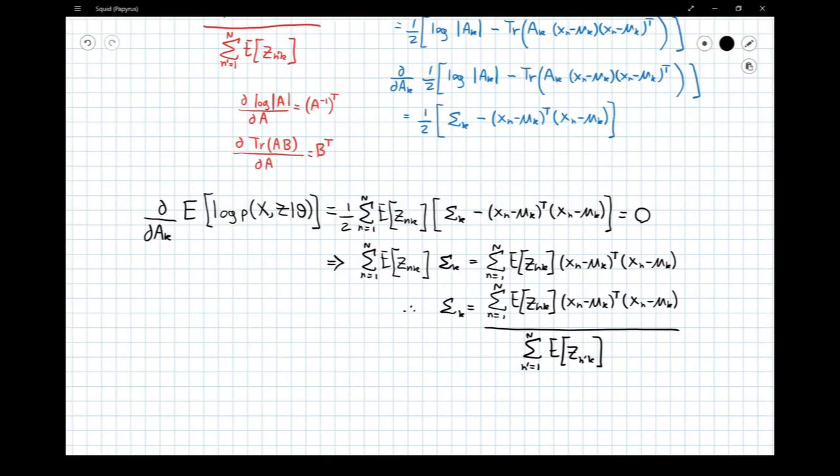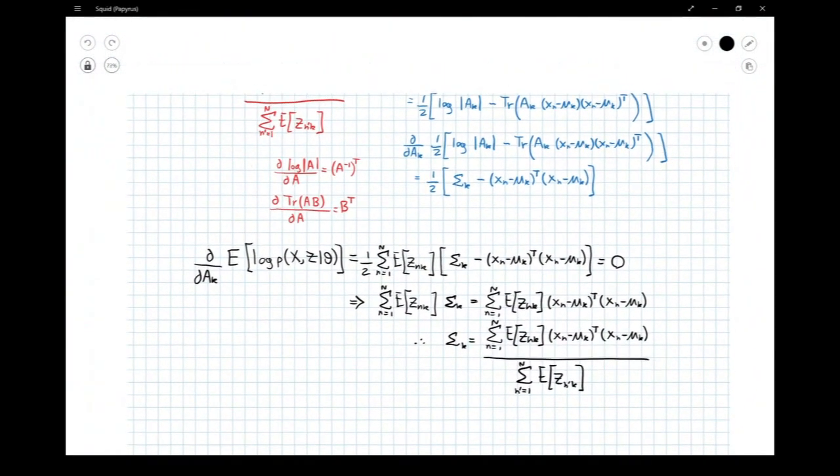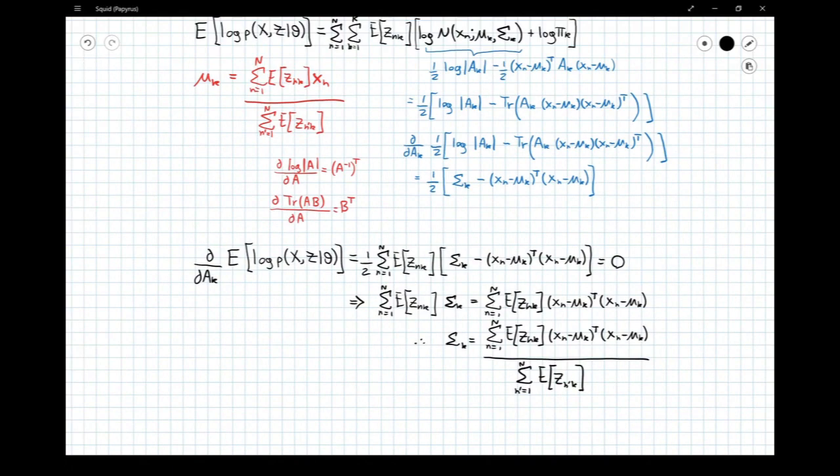Okay, so that's what our next best guess at the kth covariance matrix is going to be.